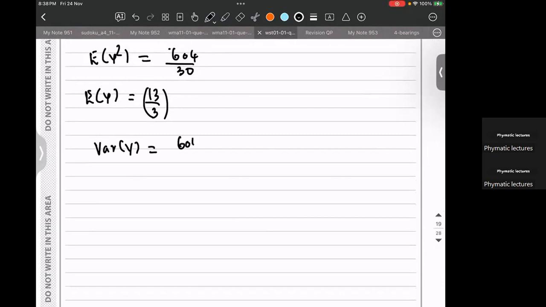So variance of y is 604 over 30 minus 13 by 3 whole square. 604 divided by 30 minus 13 divided by 3 whole square. So the answer is 61 divided by 45.